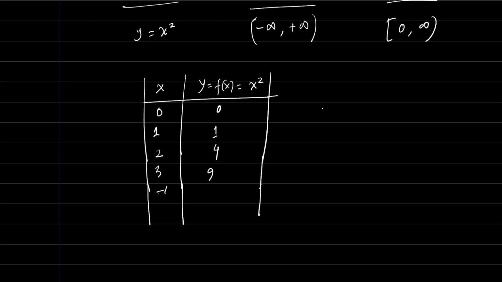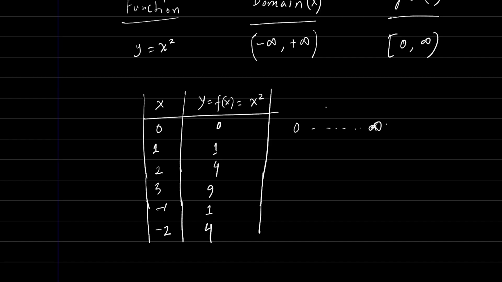If we take negative 1, we get positive 1. Minus 2 gives 4. So as we can see, starting from 0 we can get up to positive infinity, any kind of number. So our range is y.